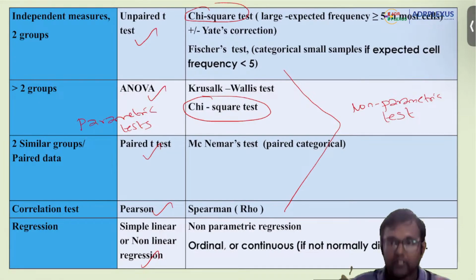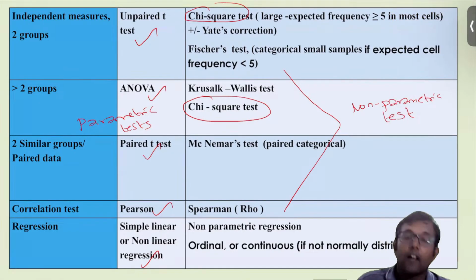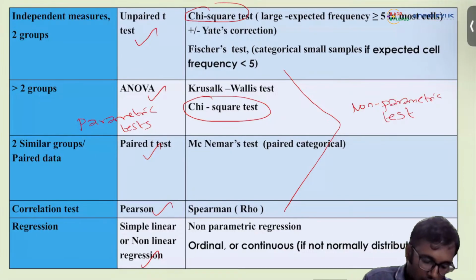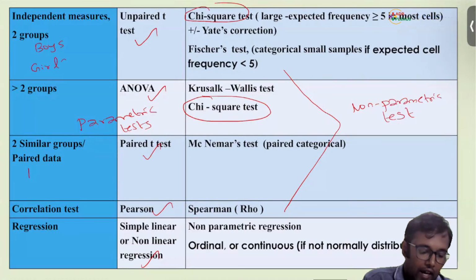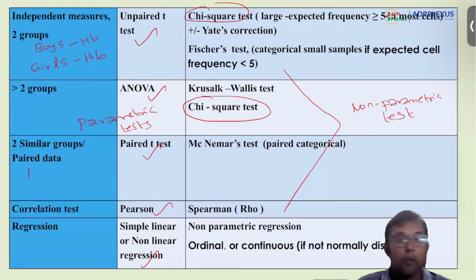In this, first I will tell you. First, I am going to compare hemoglobin levels. So I have boys and girls. I am going to compare the hemoglobin levels between the boys as well as the girls. So boys and girls are two different groups.